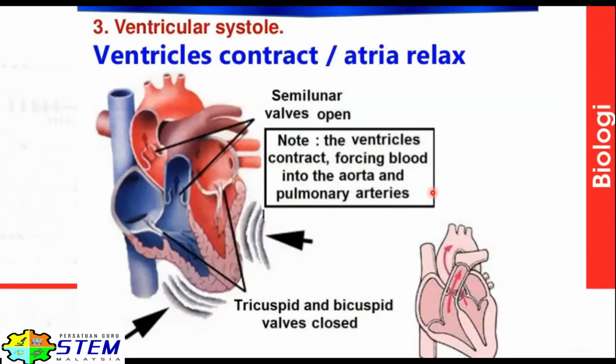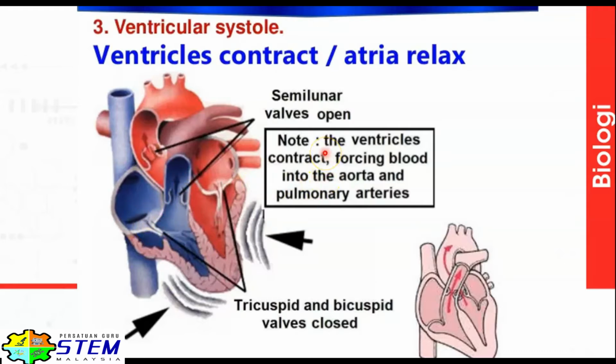The third event, ventricular systole, means that the ventricles contract and at the same time the atria relax. During this event, the bicuspid and tricuspid valves will close and the semilunar valves will open.